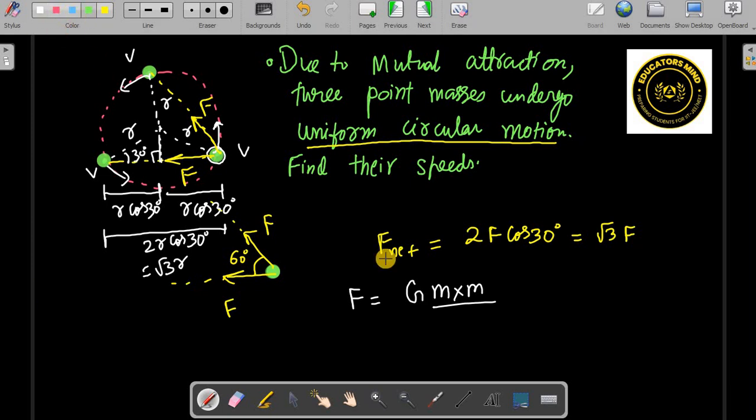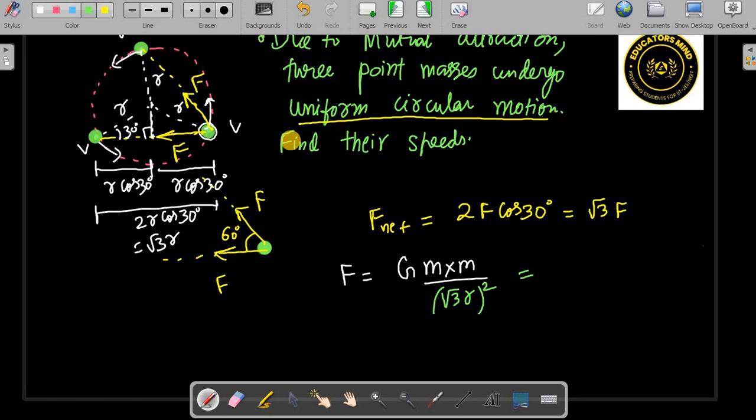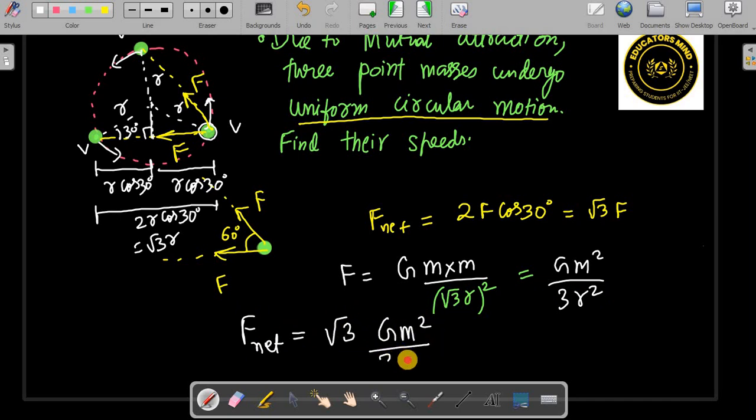Let us find the force G M1 M2 by R squared. That distance is root 3 R, whole squared. So this force F is G M M by root 3 R squared, that is G M squared by 3 R squared. The net force is root 3 times this, G M squared by 3 R squared.